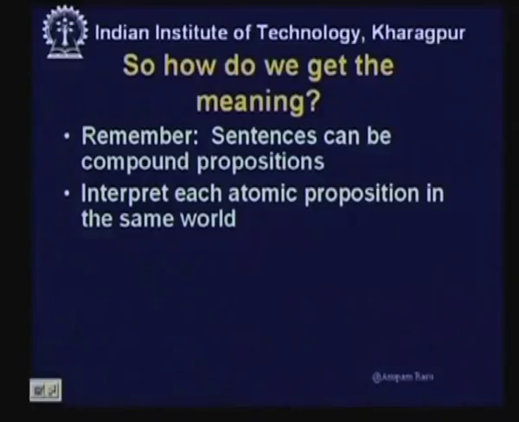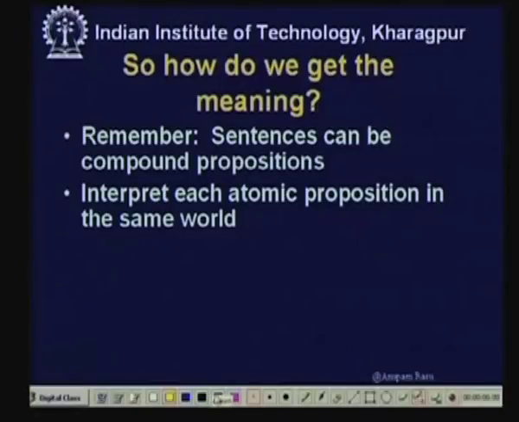So, in order to understand the meaning of the sentence, we have to interpret each individual atomic proposition in the same world. That is important. We must interpret it in the same world. Unless we interpret it in the same world, it will not be really meaningful. Okay.